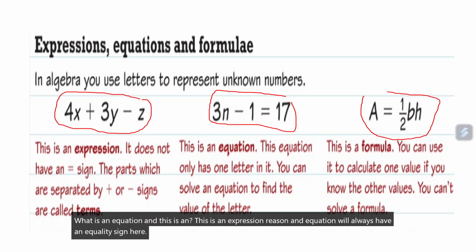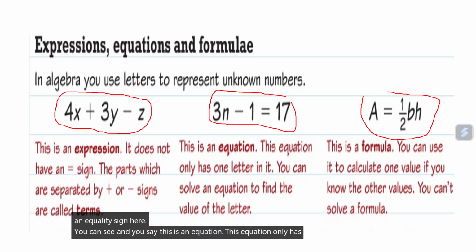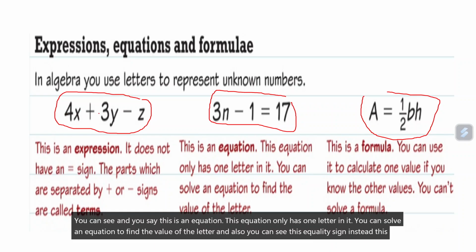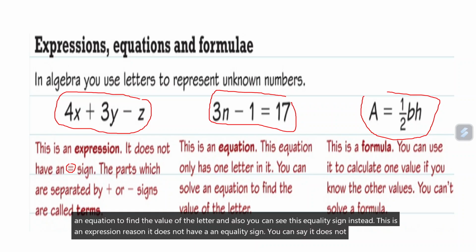This equation only has one letter in it. You can solve an equation to find the value of the letter. And you can see this equality sign is there. This is an expression because it does not have an equality sign.